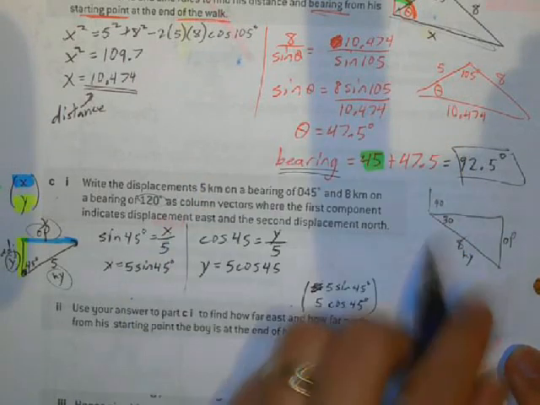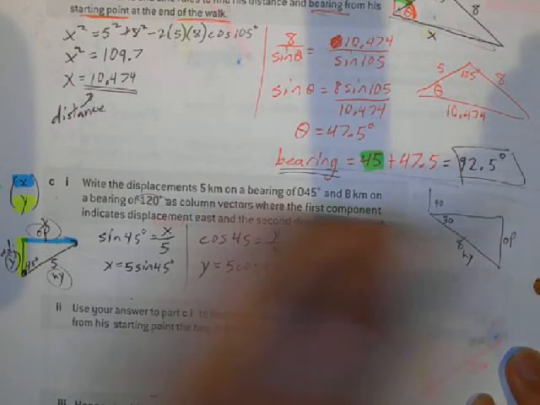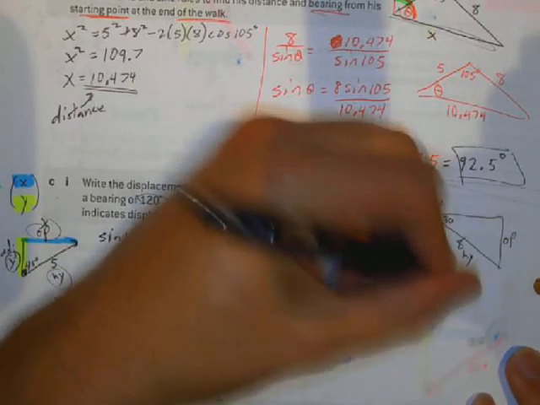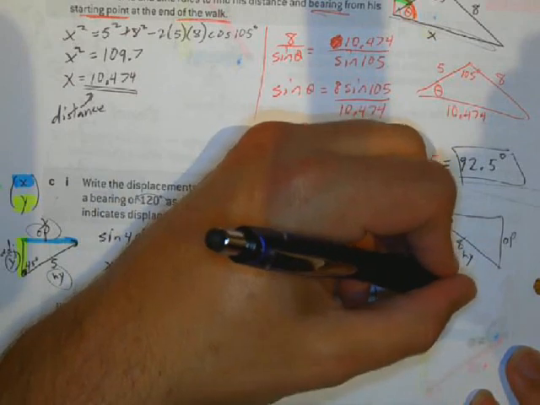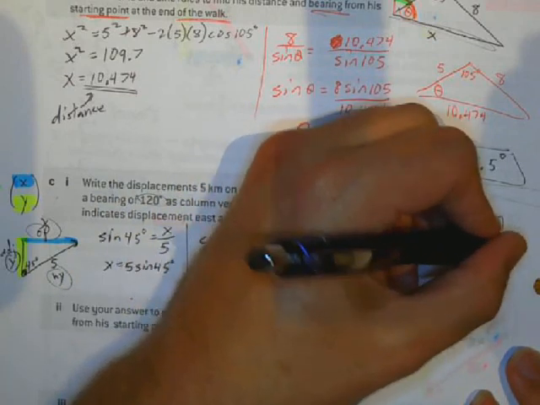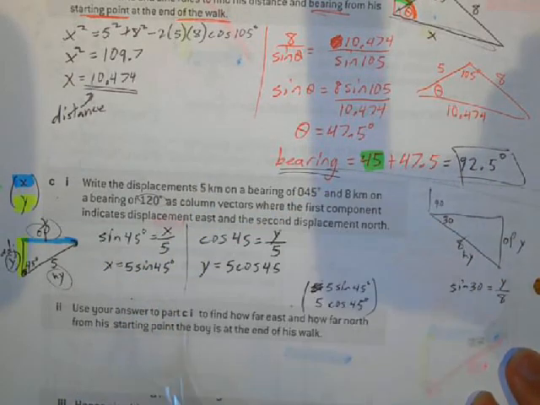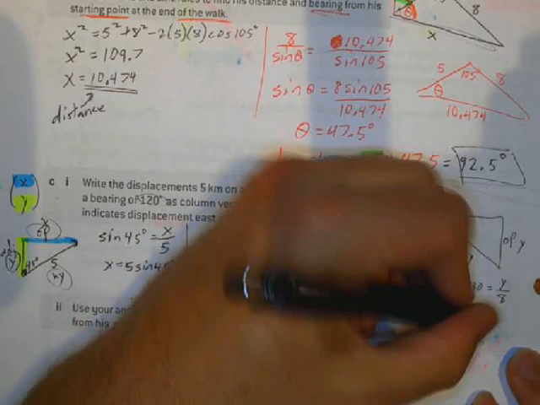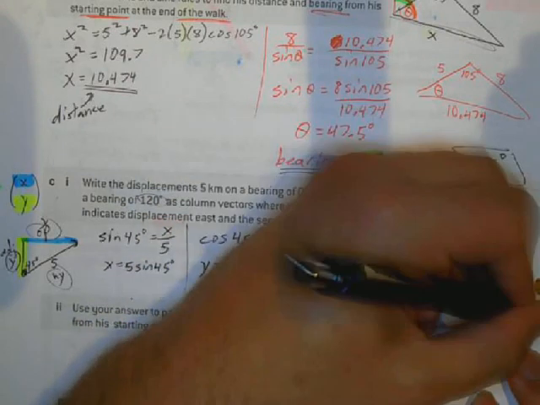We're going to be using sine, so I can say sine 30 equals opposite, I'm going to call that y, over hypotenuse, over 8. So then I get y equals 8 sine 30.